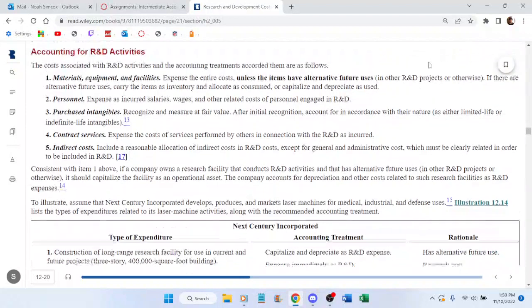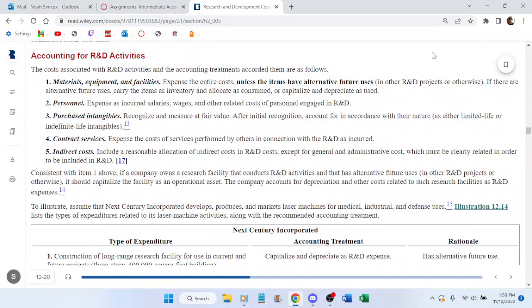The costs associated with R&D activities and the accounting treatments according to them are as follows.